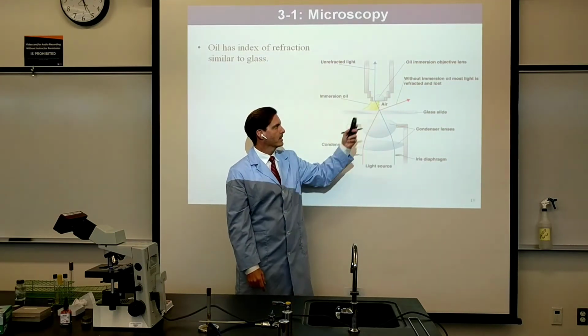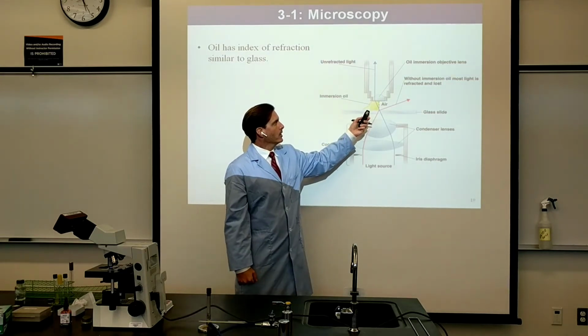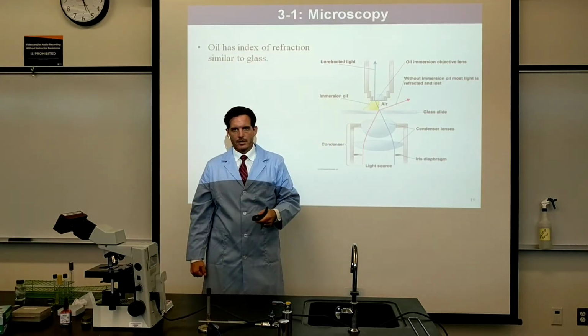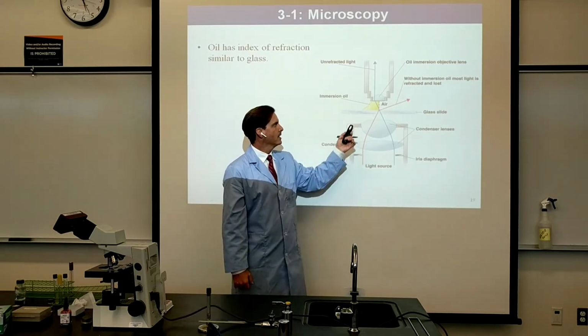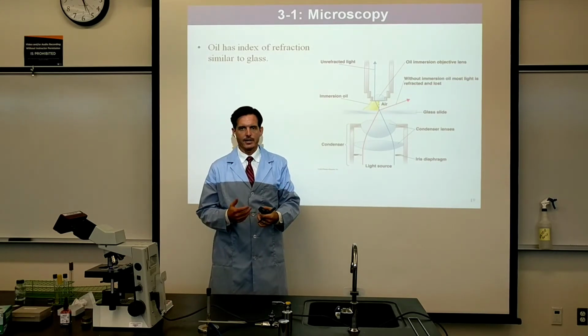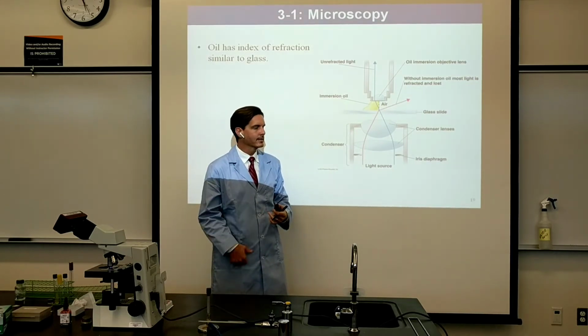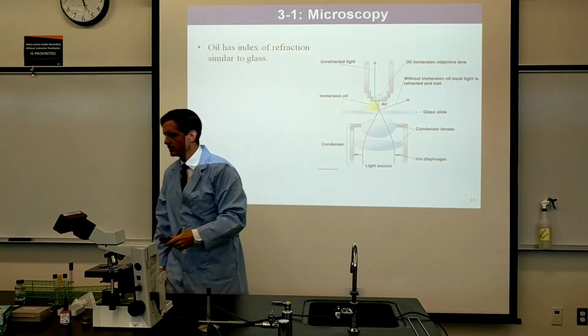And the specimen are going to be the cheek cells that we just saw, and then that light is going to go up into the objective lenses or whichever objective lens is in place. But we're going to have to place some oil on there in order to get the highest powered oil immersion lens to work. And the reason is this oil provides many advantages.